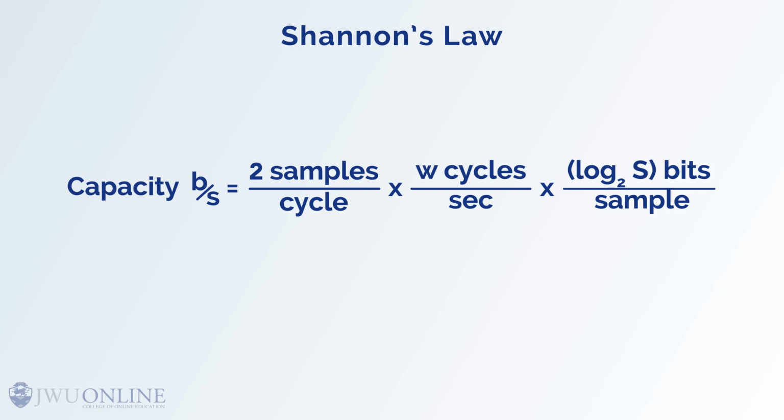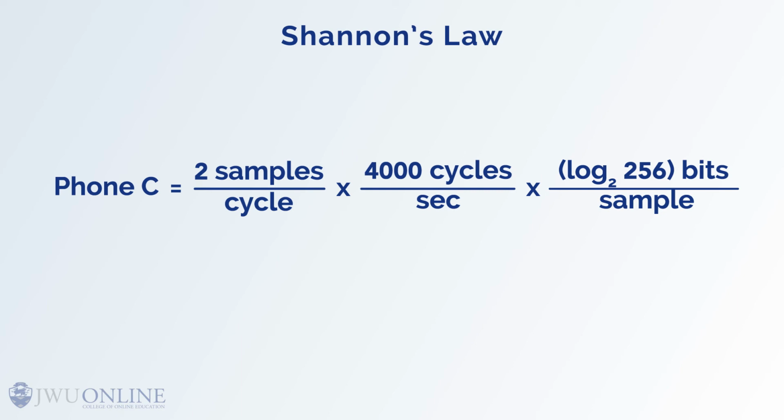This formula states that capacity in bits per second equals the same 2 samples per cycle times the same W cycles, or 4,000 cycles per second, but enhances the formula by adding log base 2 of the number of signals, call it S. For those of you who don't use logs all that often, essentially what it is asking is the question, what power must I raise 2 to get the value of S? So in this case, 2 to the what is 256? Well, 2 to the 8th is 256.